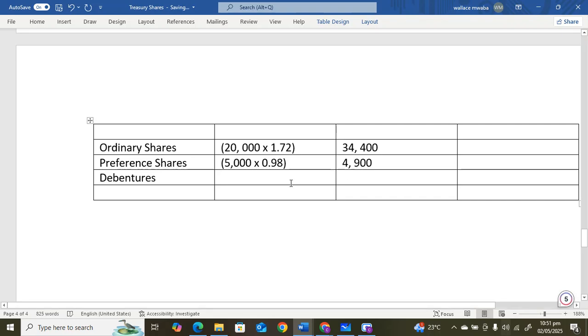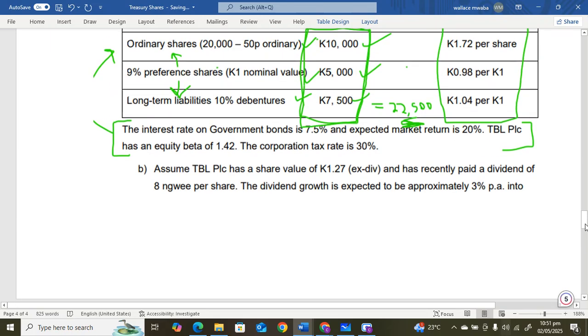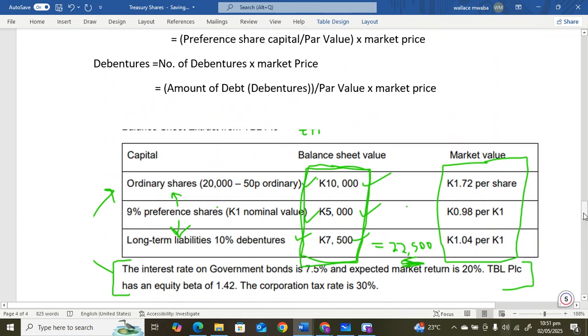Okay, then debentures. Then we need to know, how many debentures does this company have? So the amount, this 7,500, divided by the par value, one kwacha.